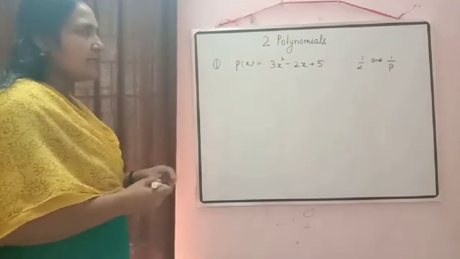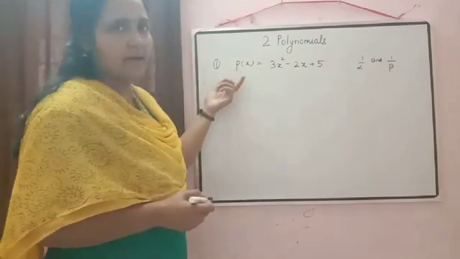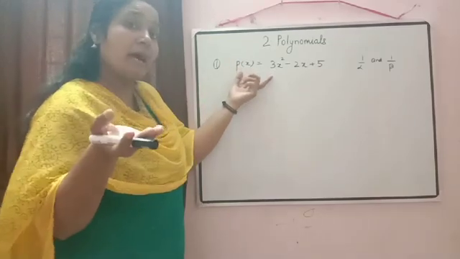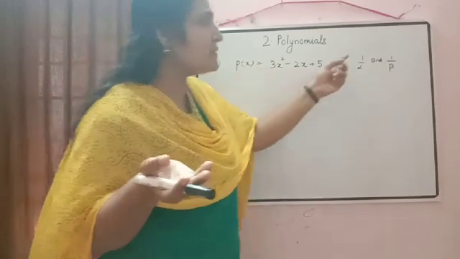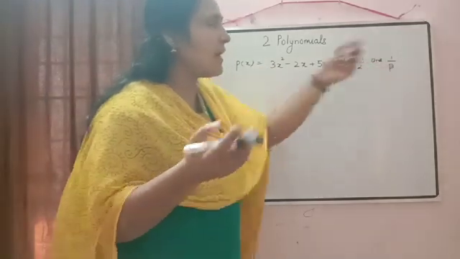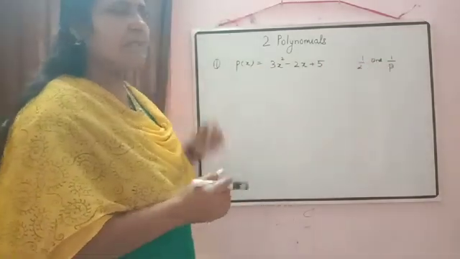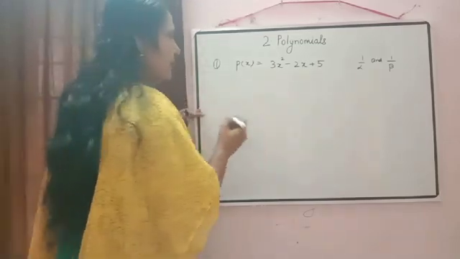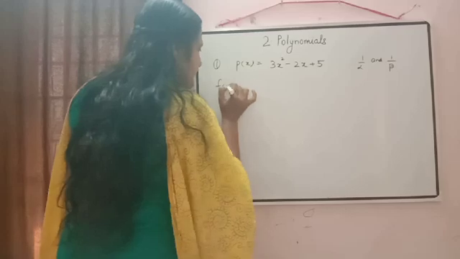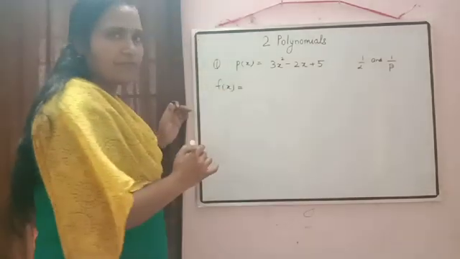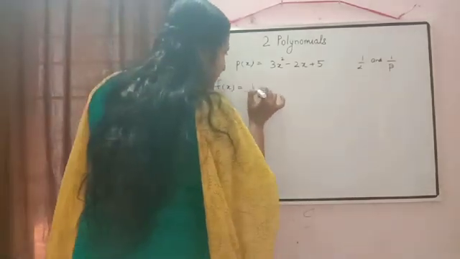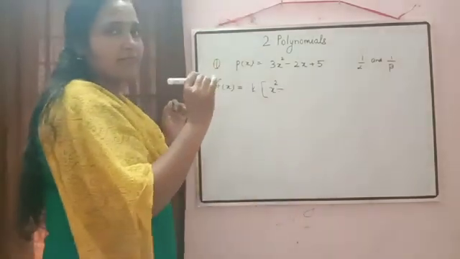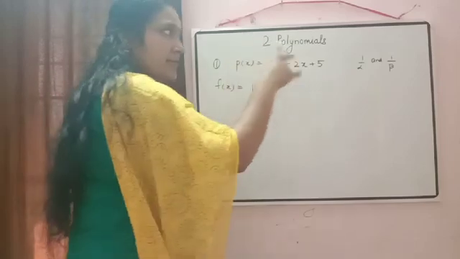So in the question it is given alpha and beta are the zeros of p of x. We have to frame another polynomial whose zeros are 1 by alpha and 1 by beta. Suppose that polynomial I am taking as f of x. So required polynomial f of x is equal to k into x square minus sum of the zeros.